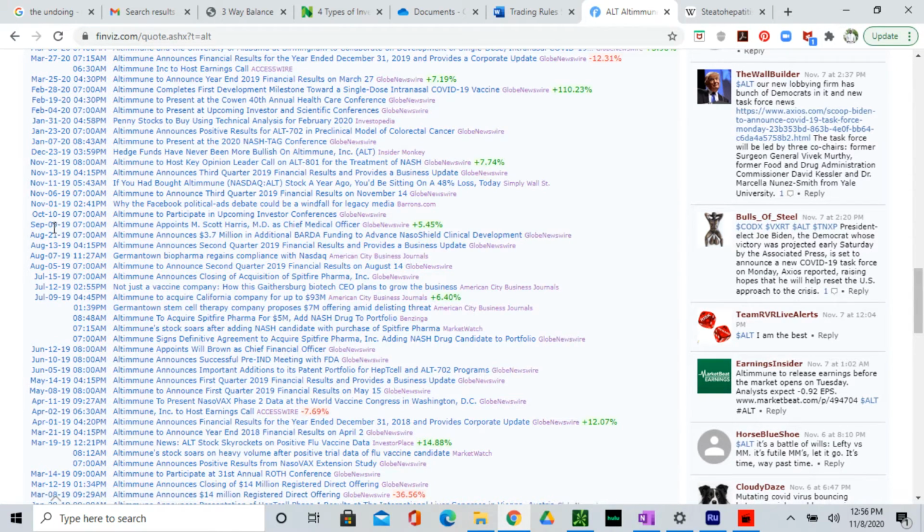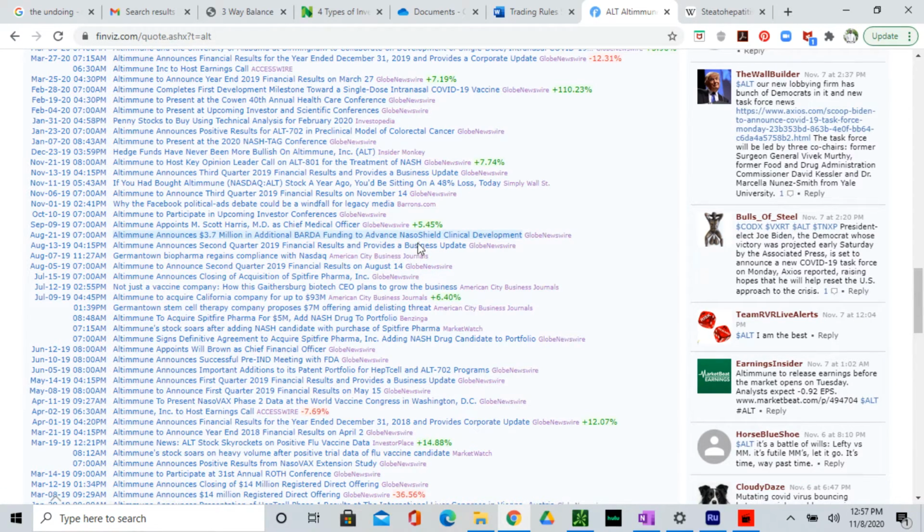And I see right here in September, there was an appointment of a chief medical officer. But also, a couple weeks before that, you see that they were given 3.7 million in BARDA funding, right, for the nasal shield.